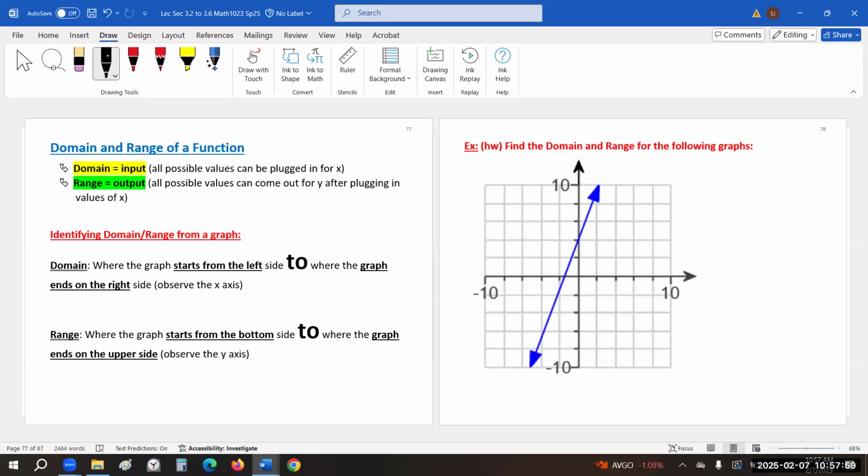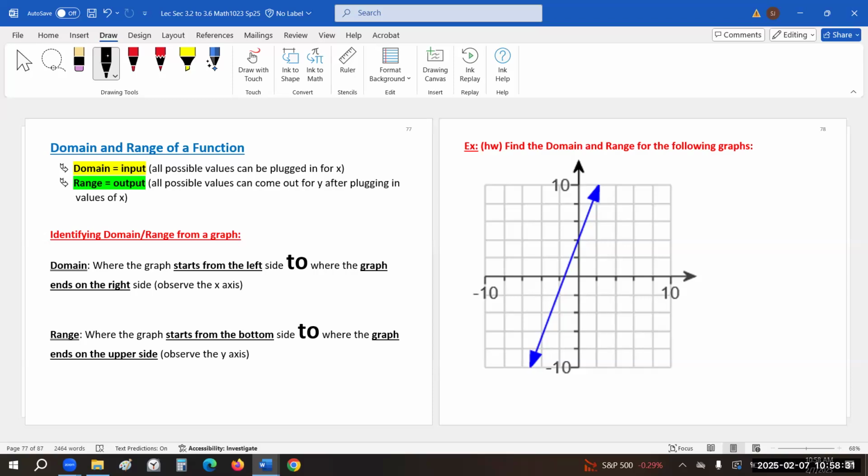So in a line, what is the smallest x value we see? Think about a line. A line is going on forever and ever and ever. So what is the smallest x value we can plug in a line?